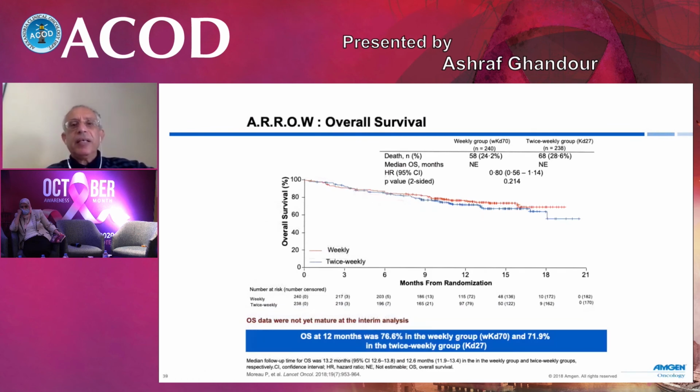Overall survival is not assessed yet because follow-up is still under 2 years. Overall survival at 12 months was 77% in the weekly group and almost the same, 72%, in the twice-weekly group.